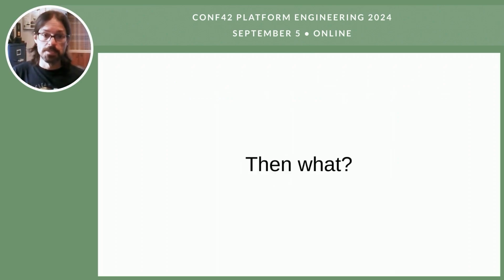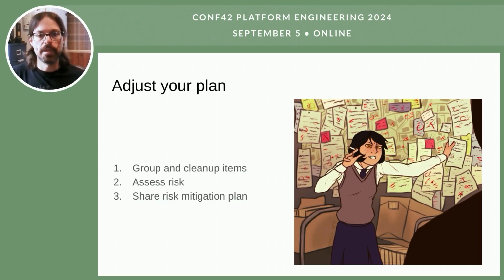So then what? You've done that, you've spent a few hours listing everything, and you have a long list of words and ideas and everything. So from that, you need to adjust your plan. The first thing is to group and clean up all the items you have on that list. It's possible that people were talking and they mentioned basically the same problem in a different way.